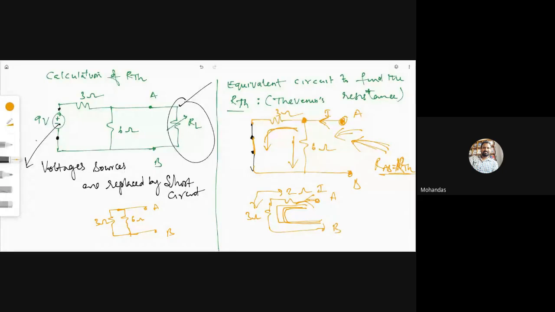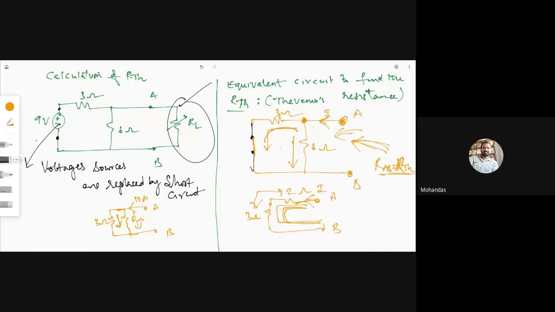In this case, the current is not the same. Some portion of the current is flowing. Suppose there is a 10 ampere current, this 10 ampere current is going to be divided. Divide means we can say these two resistors are connected in parallel. That is the difference between series and parallel.